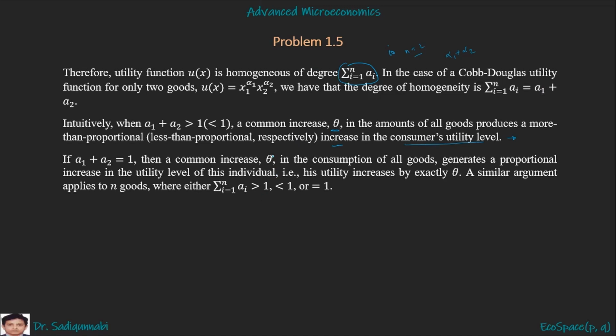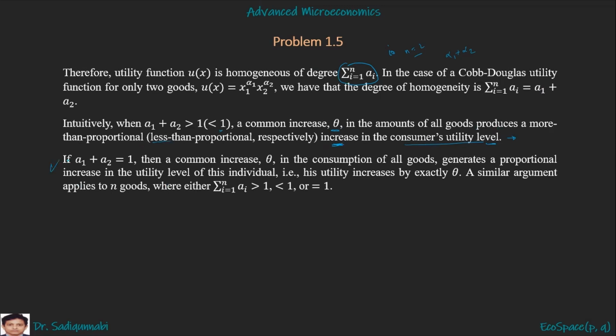So if alpha 1 plus alpha 2 is less than 1, a common increase theta in the amount of all goods produces a less than proportional increase in the consumer's utility level.